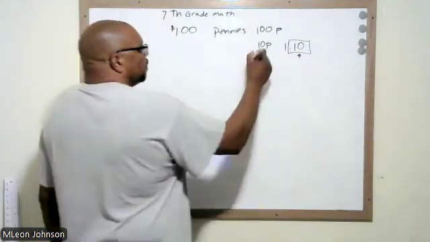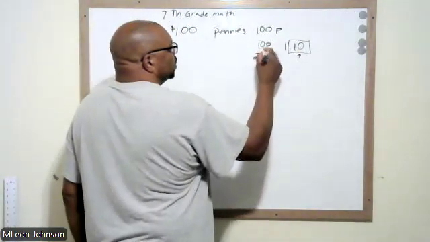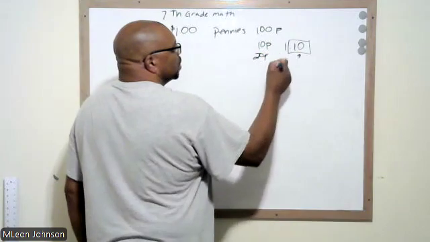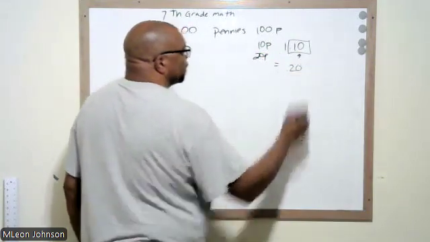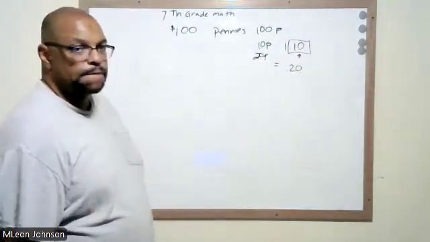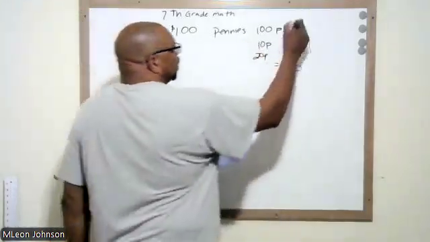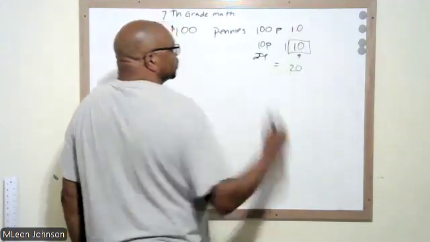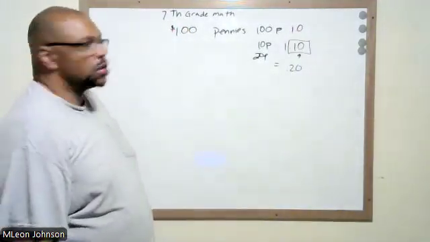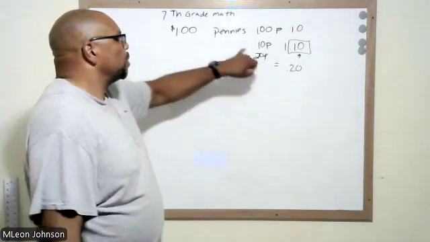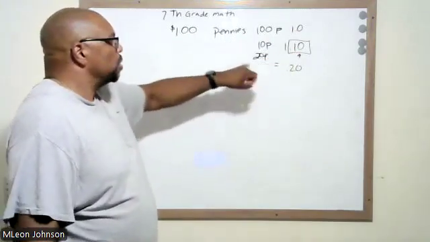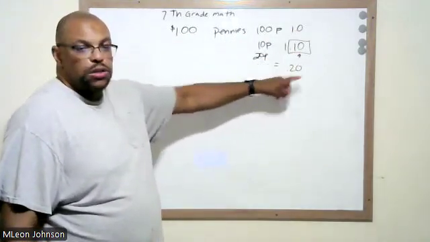And so if I look at the pattern correctly, 20 pennies is going to be 0.20. And if you're looking at 100 pennies, it'll be 1.0. So 100 pennies is 1.0. 10 pennies is 0.10. 20 pennies is 0.20.